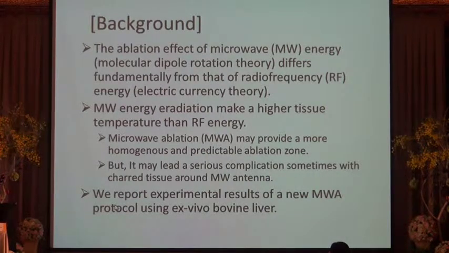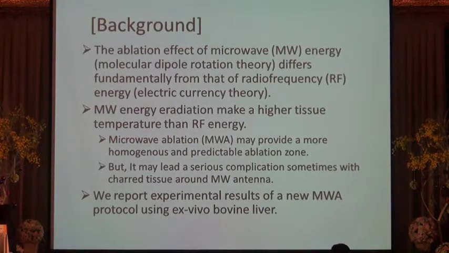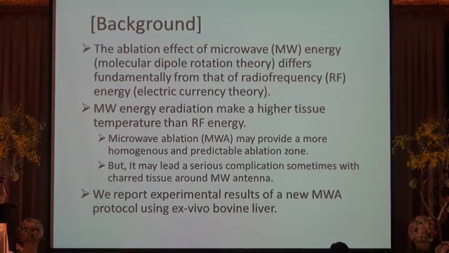The ablation effect of microwave energy differs fundamentally from that of radio frequency energy. Microwave energy radiation makes a higher tissue temperature than radio frequency energy. Microwave ablation may provide a more homogeneous and predictable zone, because the microwave directly heats the surrounding tissue, but radio frequency is electric current, which makes tissue temperature through the impedance.